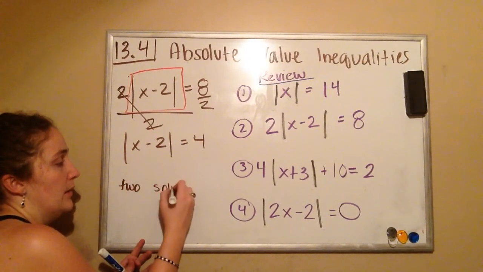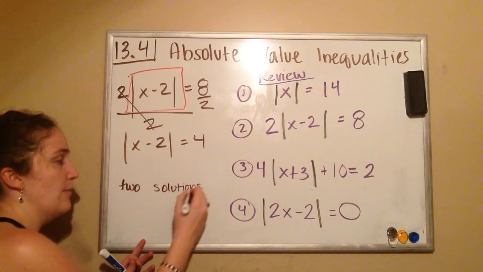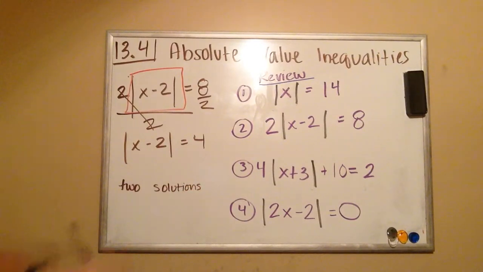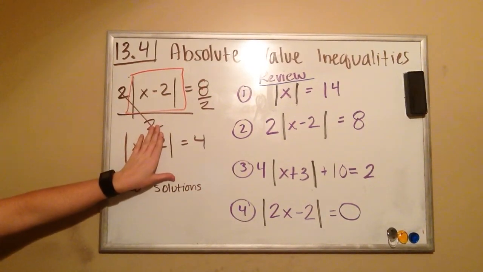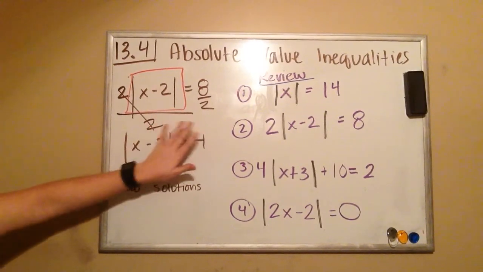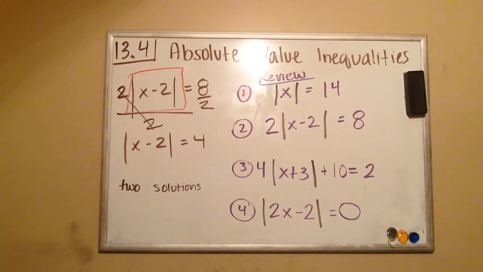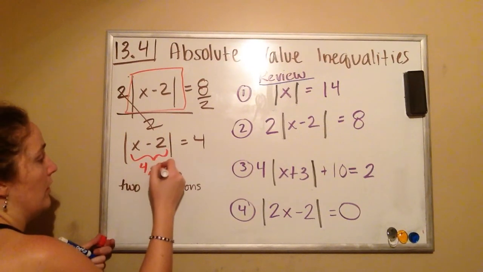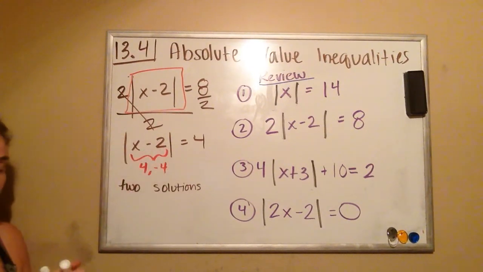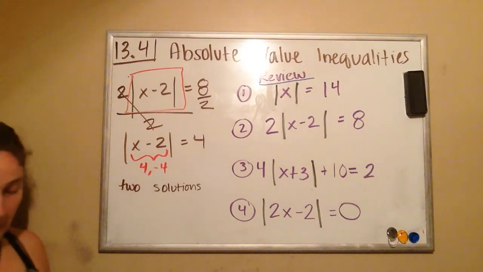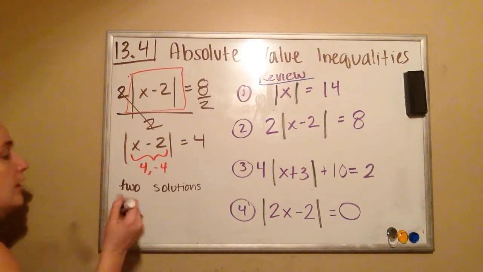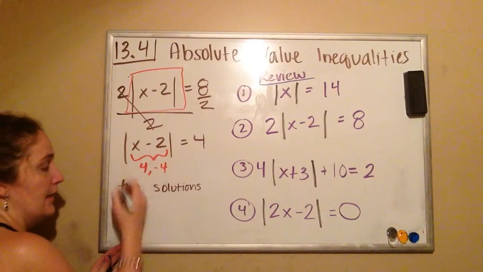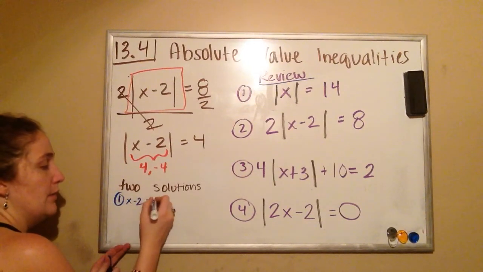And we think about what those solutions might be. If we think about what would need to be in this absolute value to get an answer of 4, it would either need to be 4 or negative 4 inside the absolute value. So in order to solve for x, our first scenario is that x minus 2 is equal to 4.